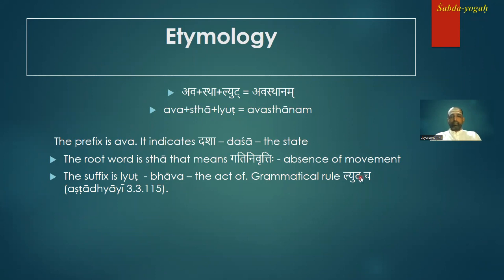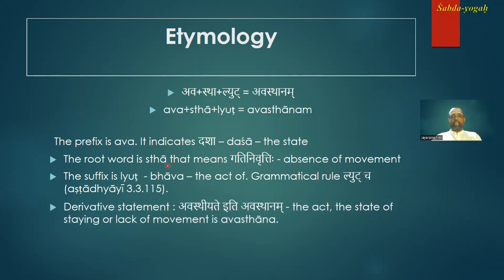So it is based on the grammatical rule lyutcha, by which the suffix lyut is added. So based on these three components, ava, stha, lyut, which leads to avasthanam, the derivative statement would be avasthiyate iti avasthanam, the act or the state of staying or lack of movement is avasthanam.